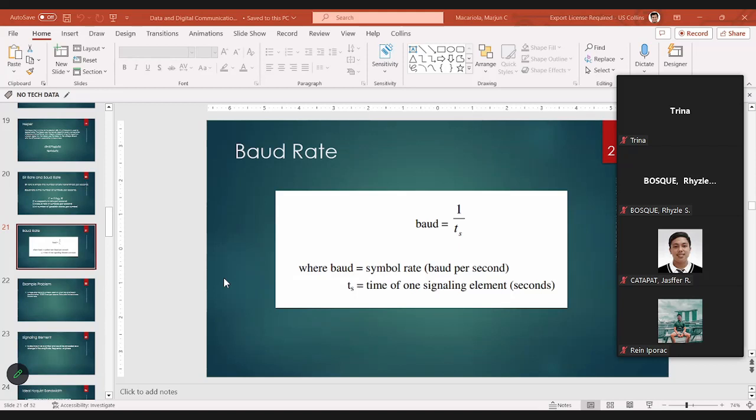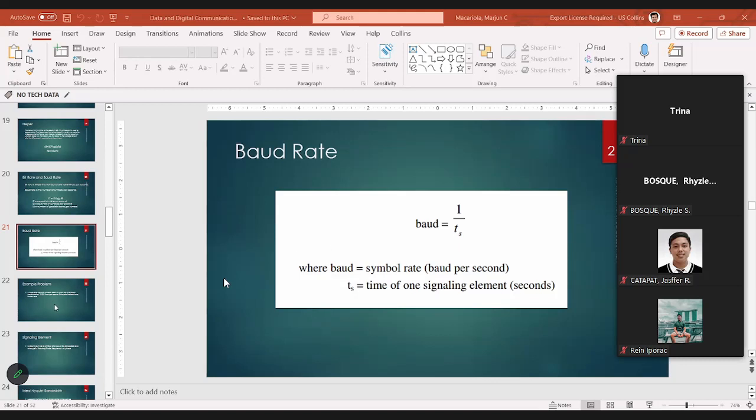That would be the last topic for your prelim examination: from the block diagram of digital communication system up to PSK, or phase shift keying. The exam type would be objective and computation.